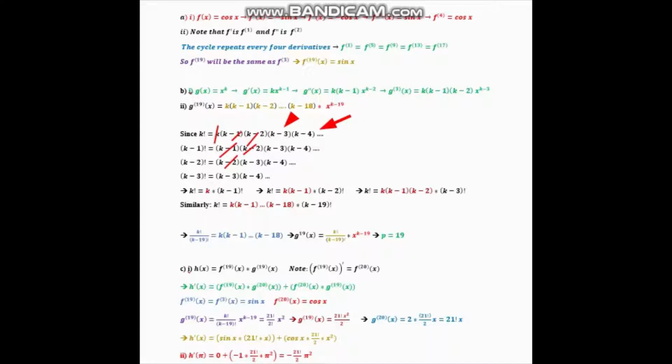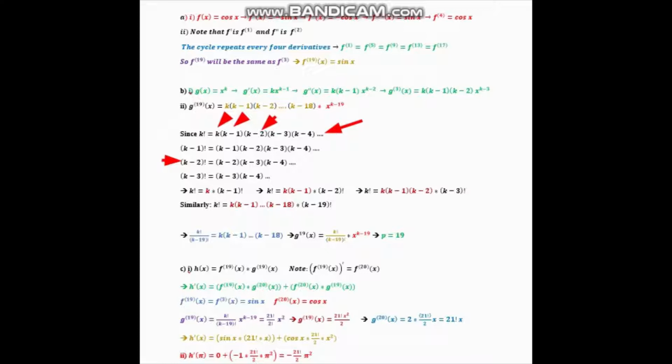So if I compare these factorial expressions, I can notice that k factorial is actually just k times k minus 1 factorial. And k factorial is actually k times k minus 1 times k minus 2 factorial, which starts from here and progresses till the end.